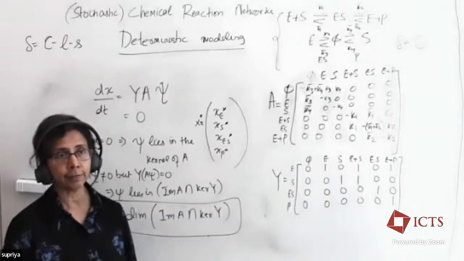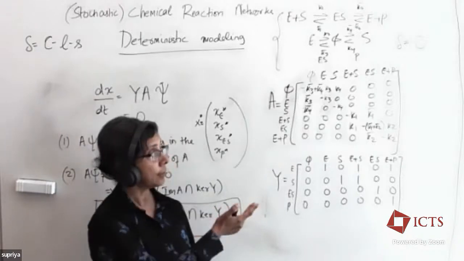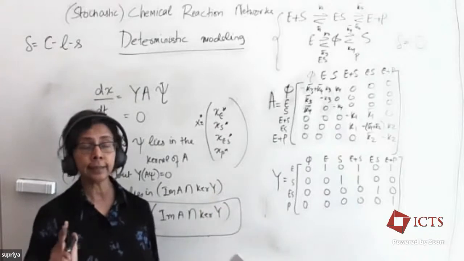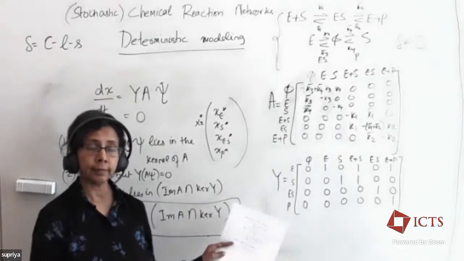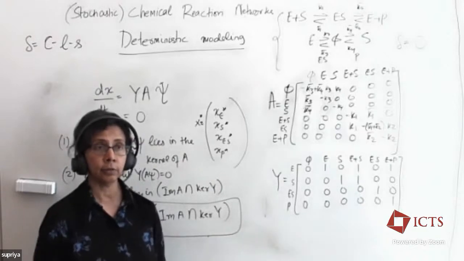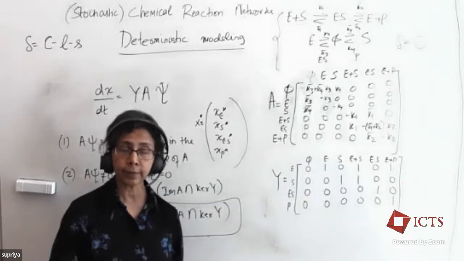So that's part of this deficiency 0 theorem. For deficiency 0 networks, this A matrix, this adjacency matrix, doesn't seem to have any nonlinearities in it at all. So simple as that, its null space is guaranteed to give me the correct fixed point. And we'll see why.